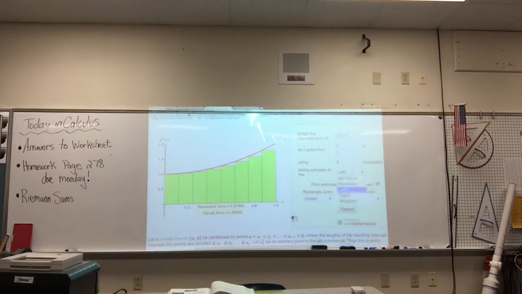Now there's a different one. Here's a right-hand Riemann sum. The reason it's called a right hand is because the right side of the rectangle determines the height of the rectangle, based upon the functional value.